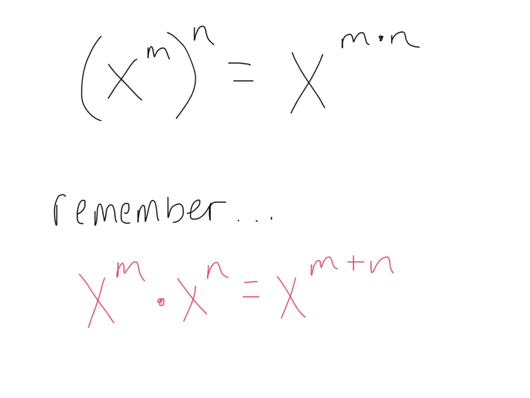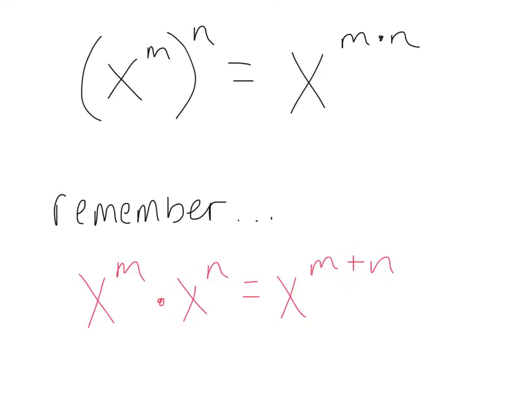Alright, so we've had the multiplication property where we've taken two bases that are the same and we've added the exponents when they're being multiplied. So x to the m times x to the n gives us x to the m plus n.